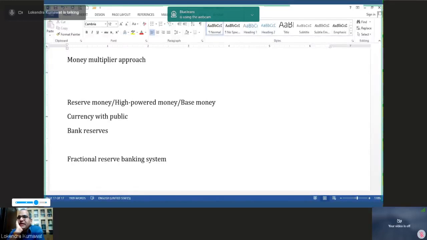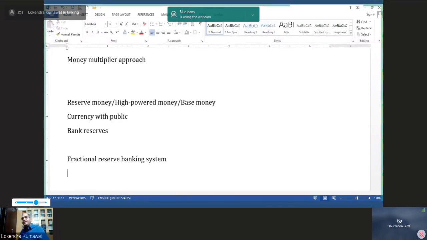What will the bank do with this? Banks are not supposed to keep the entire thing with themselves. They will keep some as reserves, say 10 percent, and loan away the rest. Suppose this bank keeps 9 rupees out of the 90 as reserves and loans away the remaining 81 rupees.